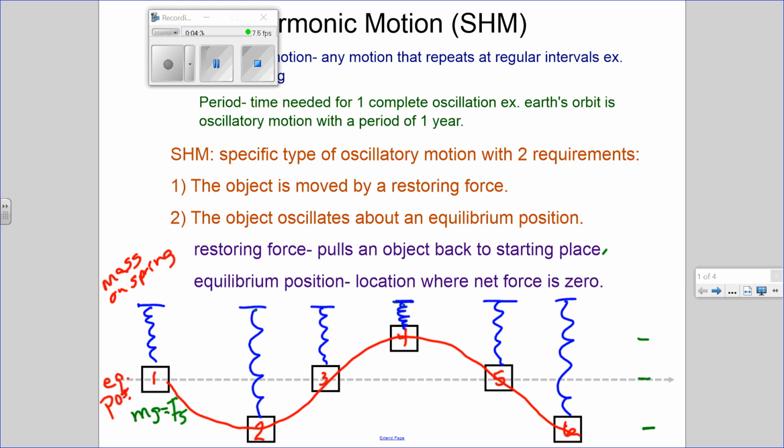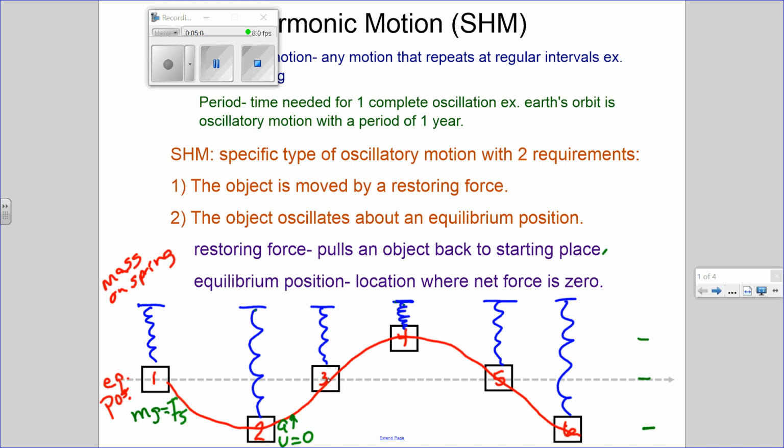So it meets that condition right there. Now, when we pull it down at this point, velocity is 0. It's not moving. But at this point, the force on this spring is at a maximum, which means the acceleration on this block is also at a maximum, and it's up.